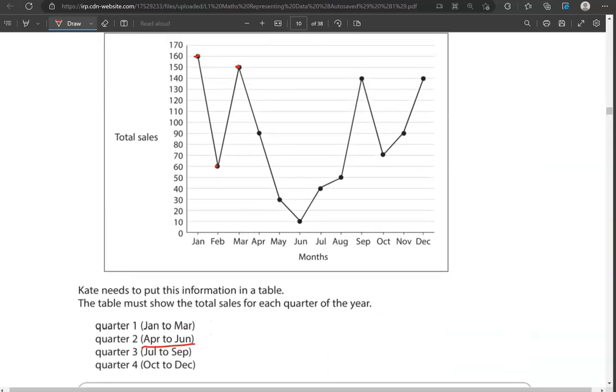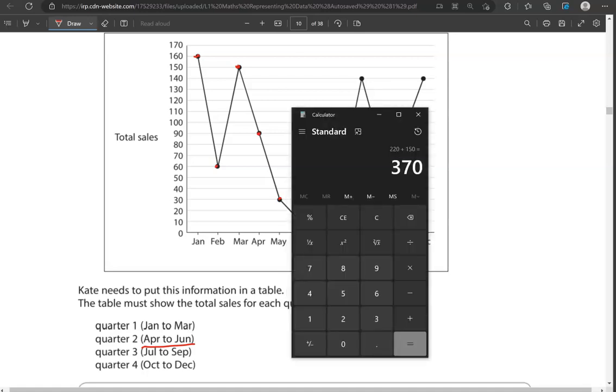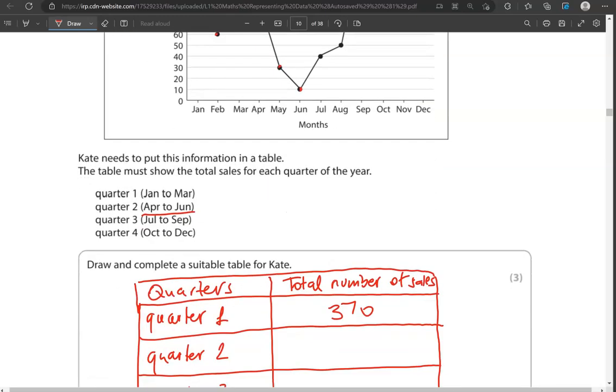So for April we have 90, May 30, and June 10. Which is 130 in total.